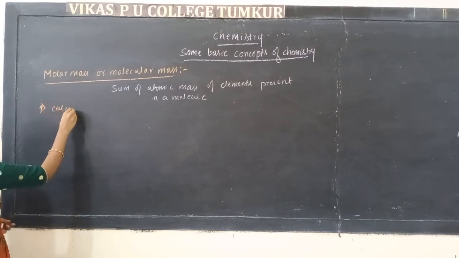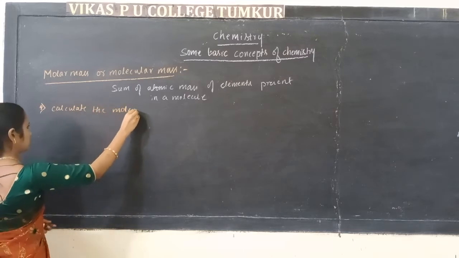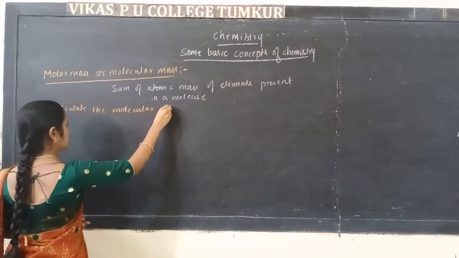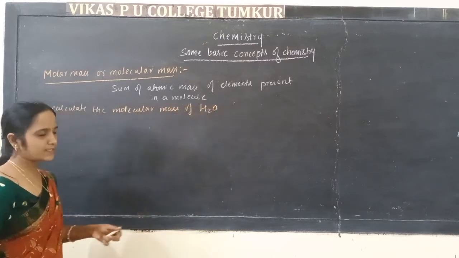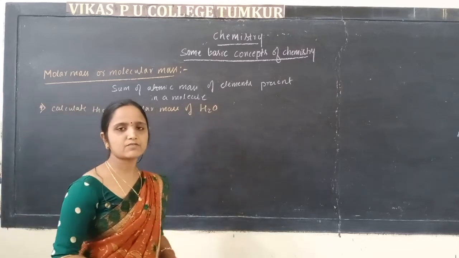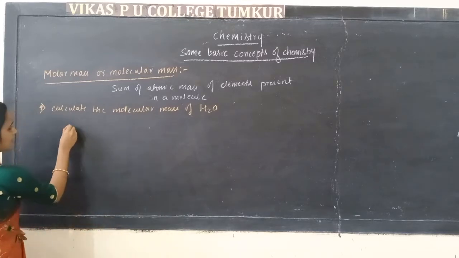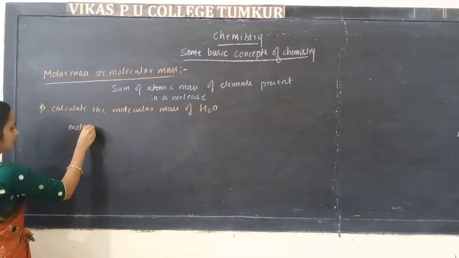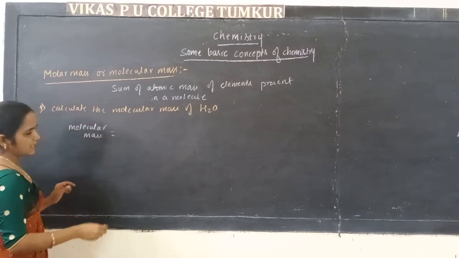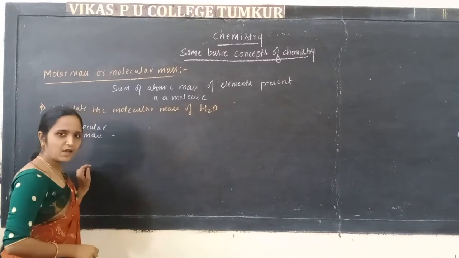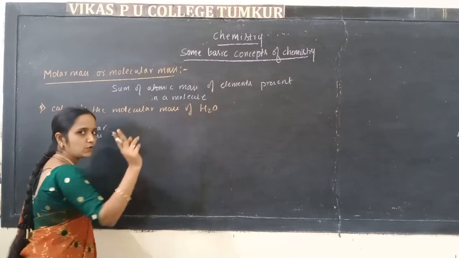Calculate the molecular mass of H2O. If they ask this in the examination, you need to take the molecular mass is equal to, here hydrogen is there and oxygen is there. 2 into, how many atoms of hydrogen are there? 2 atoms are there.